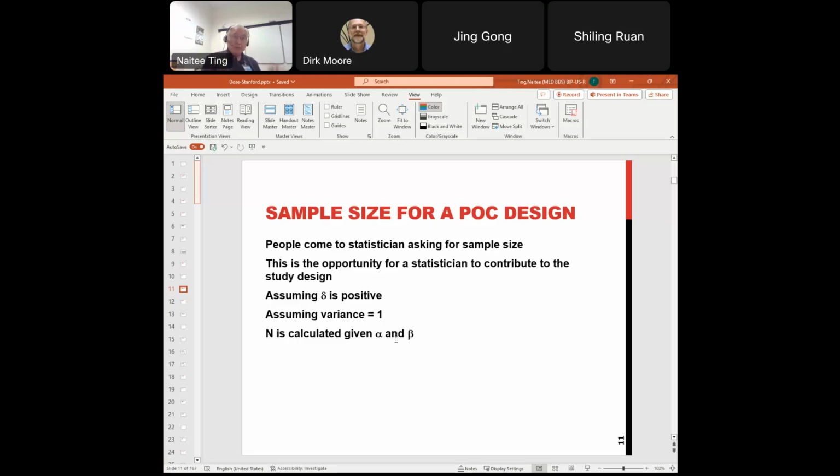Now, if alpha and beta are the risk the team is willing to take, and delta and sigma are the assumptions the team is willing to make, is there anything more important than this in the study design? In the entire study design, sample size reflects the risk and the assumptions. So sample size, the more I'm in the industry, the more I'm convinced sample size is the most important part of any study design. Okay.